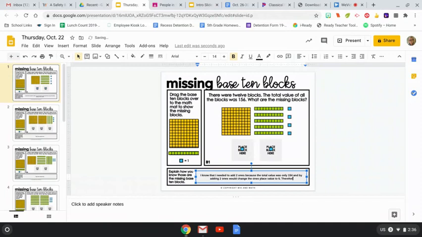Therefore, the new value of all the blocks would be 156.